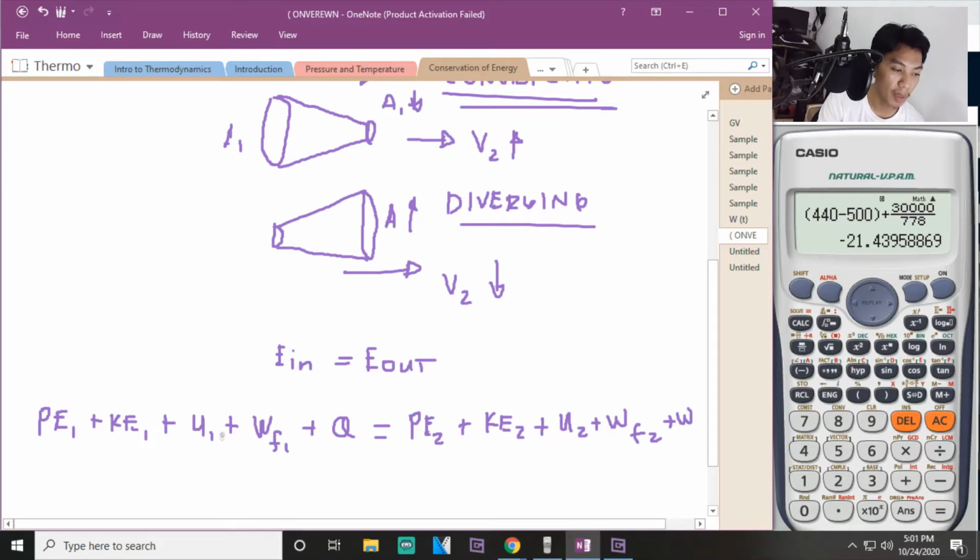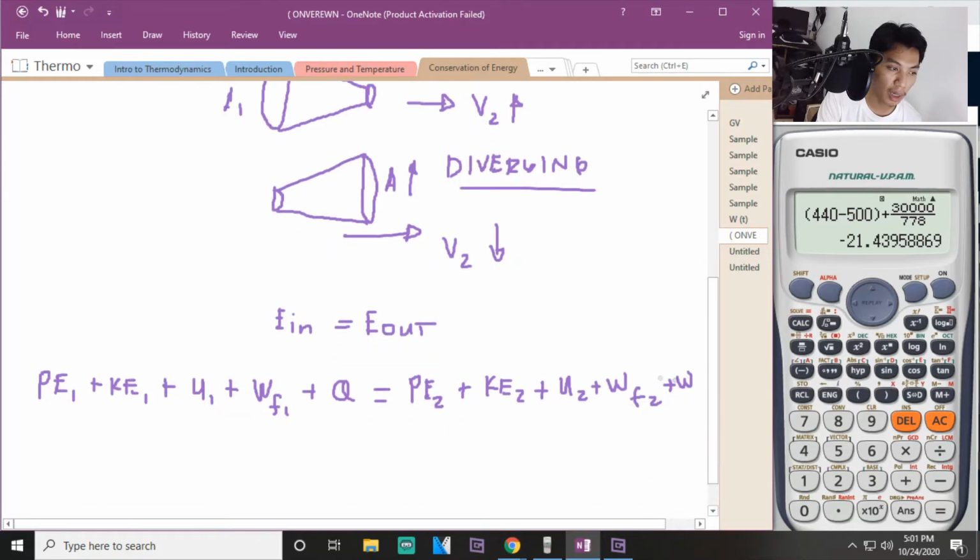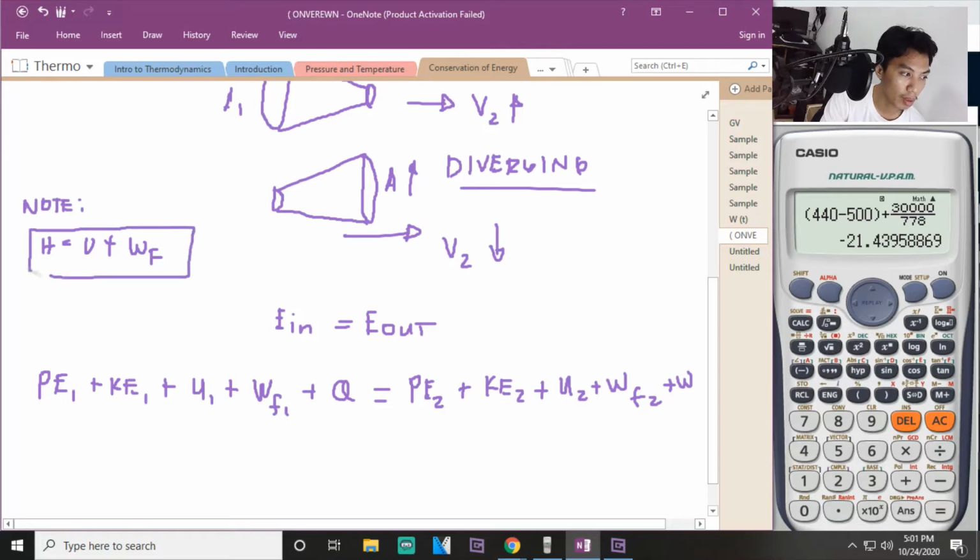Okay. Sabi dito, tandaan nyo, di ba? Note. Enthalpy is equal to, ano? U plus workflow or PV. Yan yung enthalpy mo. So, pwede nating palitan ito ng enthalpy 1 at ito, palitan natin ng enthalpy 2.